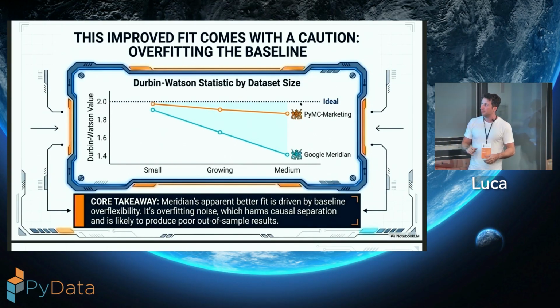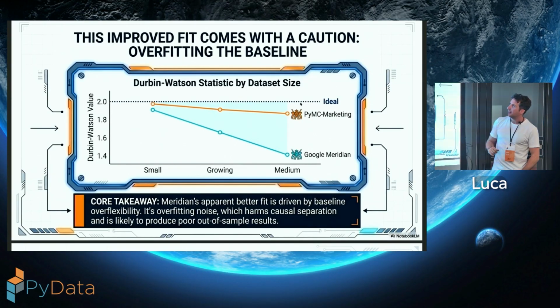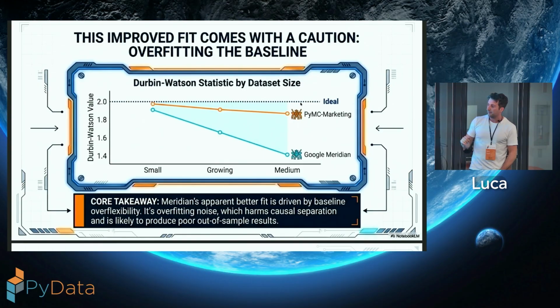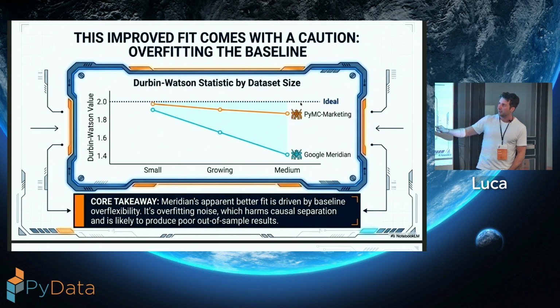However, you still get this problem that there is something weird going on, and you see that from the Durbin-Watson statistic.